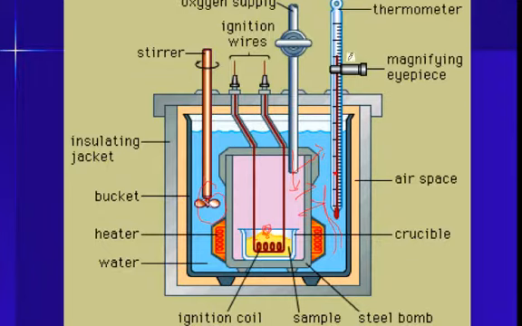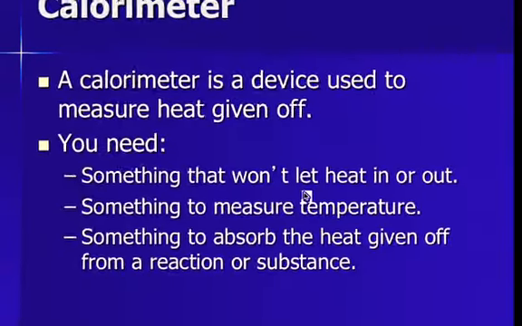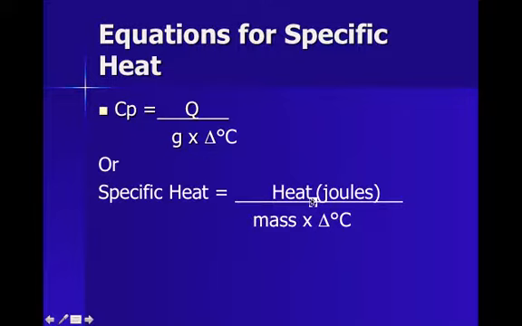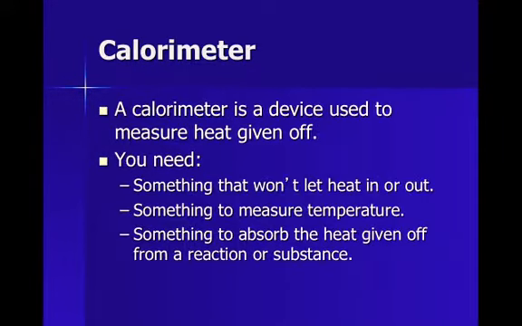And all you have to do is watch the thermometer, and you can tell how much the temperature goes up. As the heat goes into the water, it's going to get warmer, and from that you can solve for Q. So we can go back to this thing right here, and we can solve for Q, or how many calories or joules are given off when that food burns.